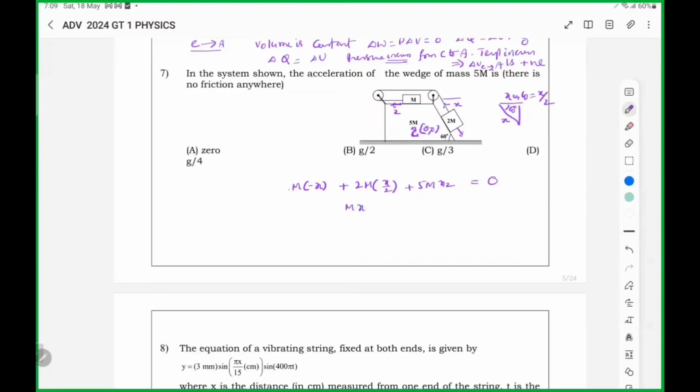Here mx minus mx plus 5mx2. That means x2 is 0. Net displacement 0. So acceleration of wedge 5m is 0.